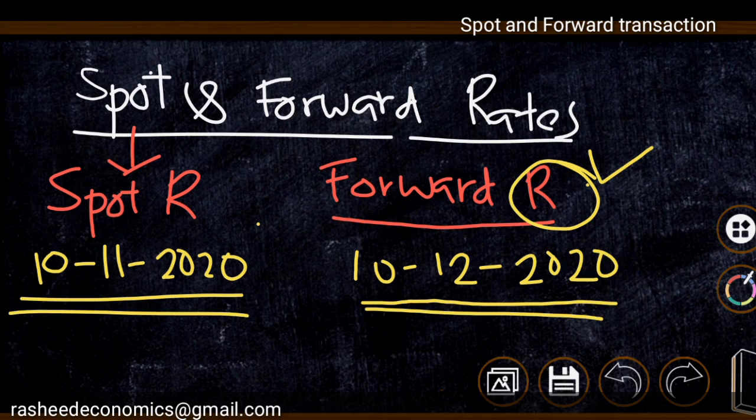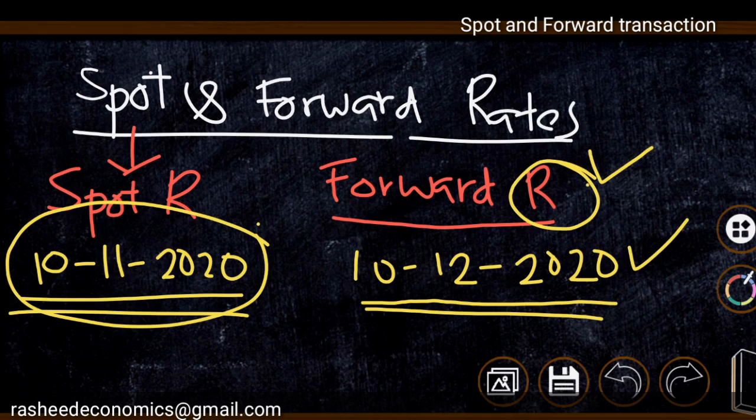If we consider a spot rate on 10th November 2020, we can have a forward rate after 1 month, after 2 months, or after 6 months as well, because the future rate is fixed on the same date of drawing the agreement.